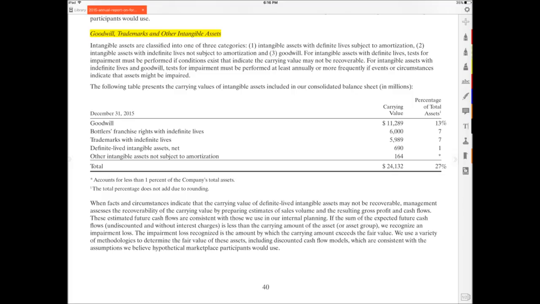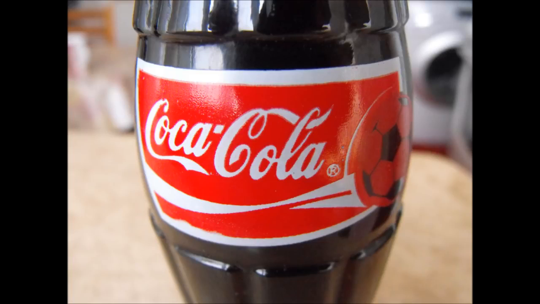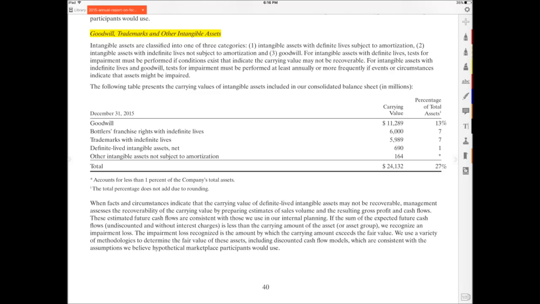You can't put a value on the Coca-Cola logo or the Coca-Cola brand as a whole, but obviously it has value. If we could just sell that part of the company, somebody would buy that. The way the company puts a value on it is probably more high level than what we need to go into in this video, but essentially they're putting an $11 billion valuation on this asset called goodwill.